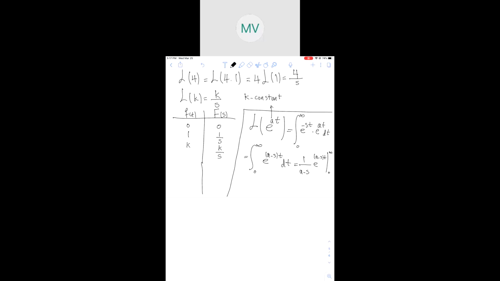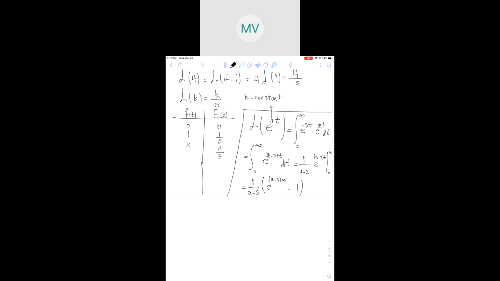Let me write it this way, although it's not rigorous: if you evaluate it at infinity, it's 1 over a minus s, e to the a minus s times infinity, and then minus e to the 0, which is 1.